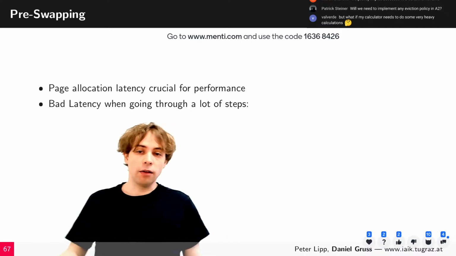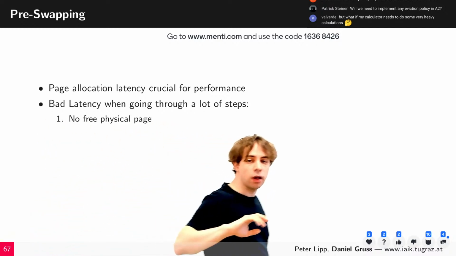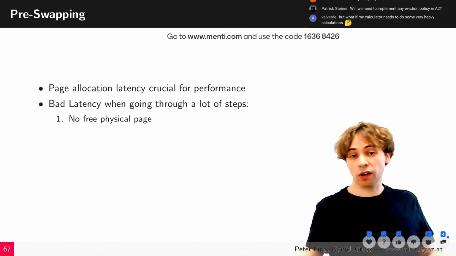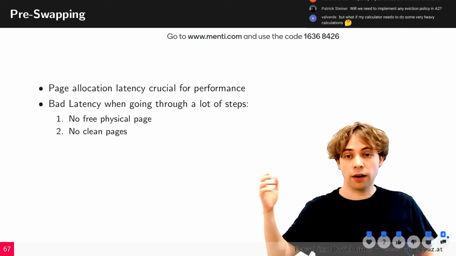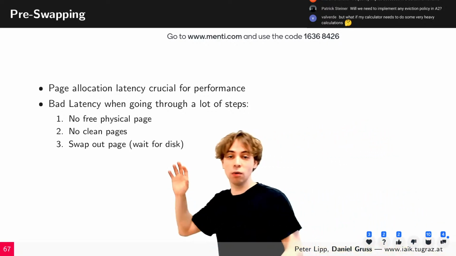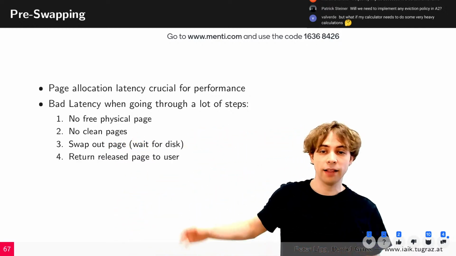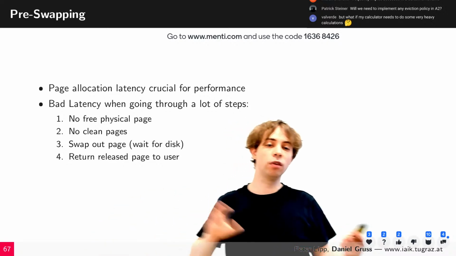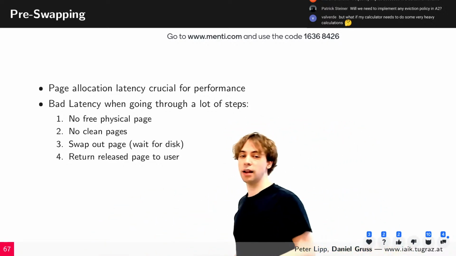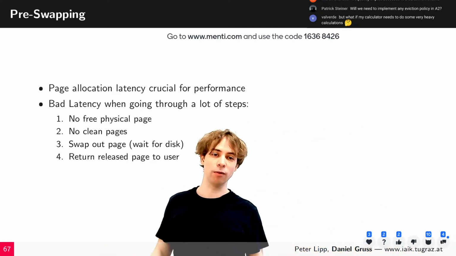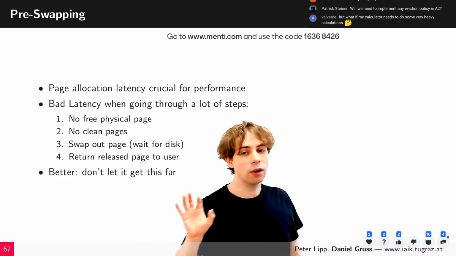Bad latency, you need to go through these steps. There's no free physical page, you just find that out. Then you find no clean pages, you need to swap out a page, wait for the disk is slow. Then you have to return the released page to the user, and this is then the step that we have been waiting for actually. So better do not let it get this far.